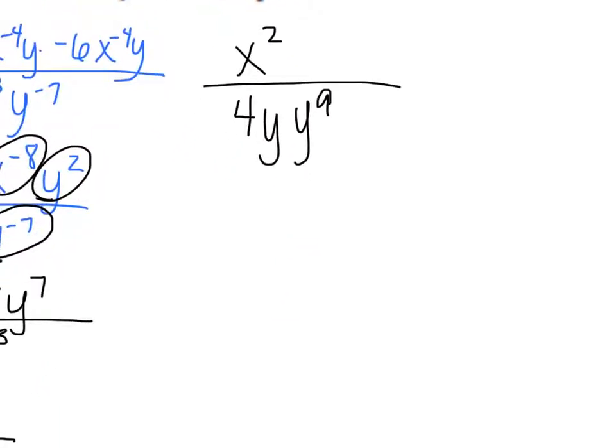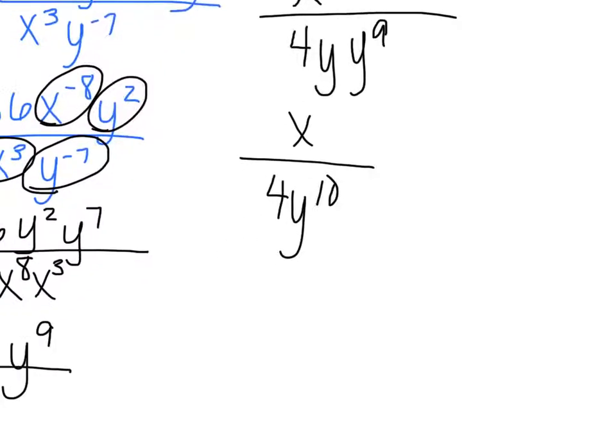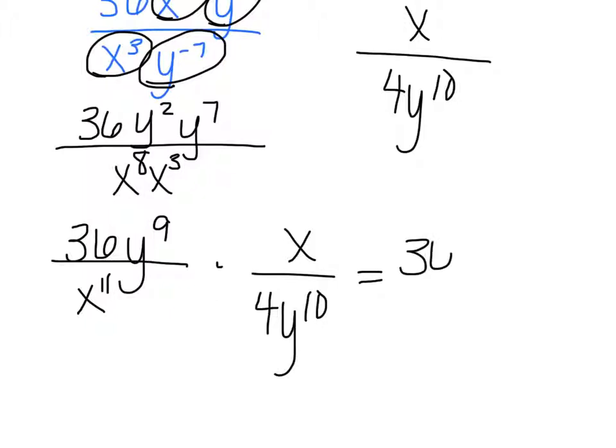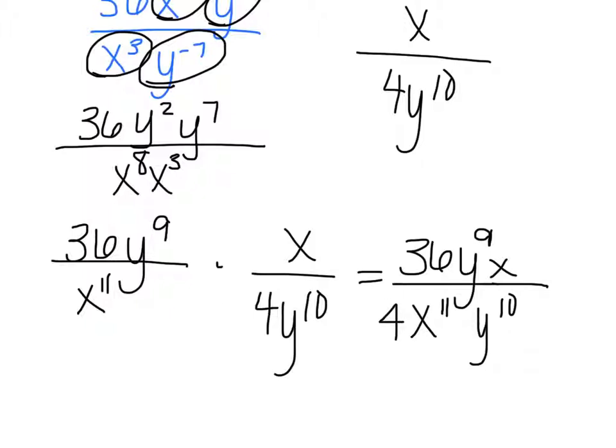And now I'm going to simplify this, so it's going to be x over 4y to the 10th. And I'm going to bring that down and multiply that with this guy. So 36y to the 9th times x over x to the 11th times 4y to the 10th.